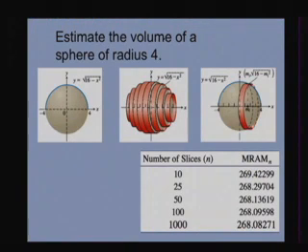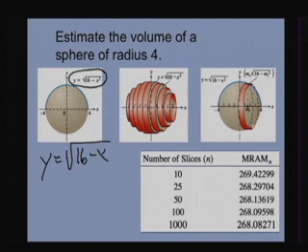First of all, you should recognize this function, which is y equals the square root of 16 minus x squared, as being the top half of a circle. That's outlined in blue, and what we're saying is we're going to take that top half of the circle and rotate it or spin it around the x-axis, which will then form the sphere. So that's what we're going to say to start.